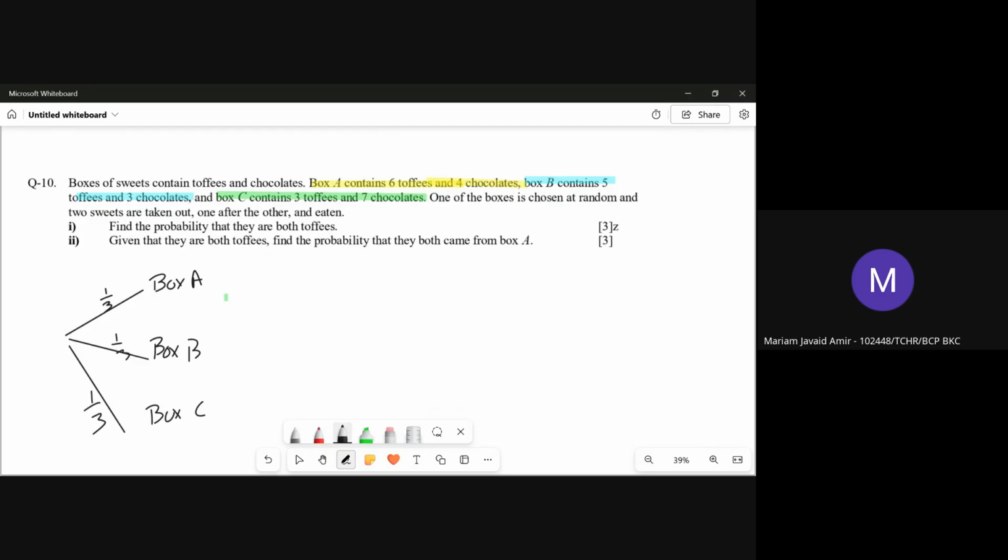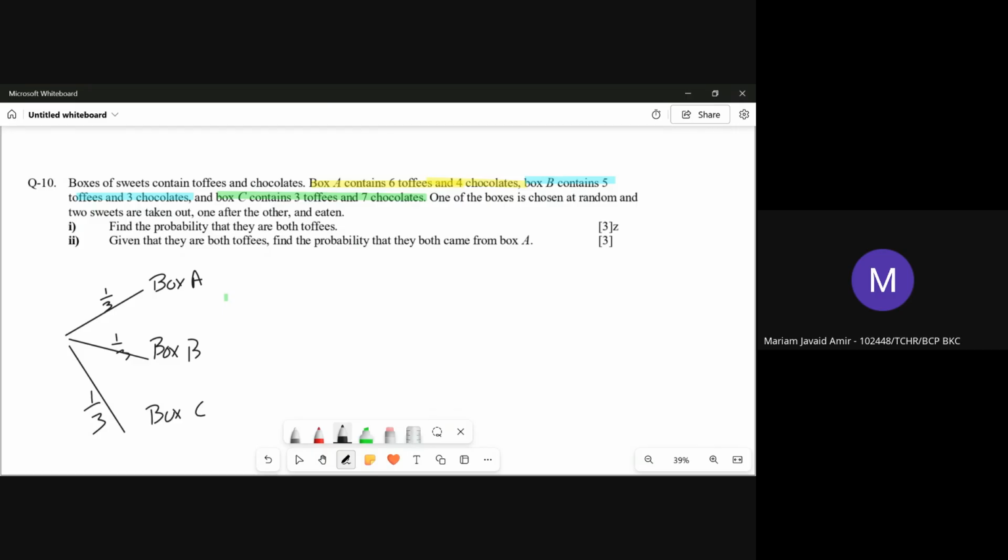Two sweets are taken out, one after the other, and eaten. Eaten means it's without replacement. So if you take out a toffee, the number of toffees decreases. Find the probability that they are both toffees.